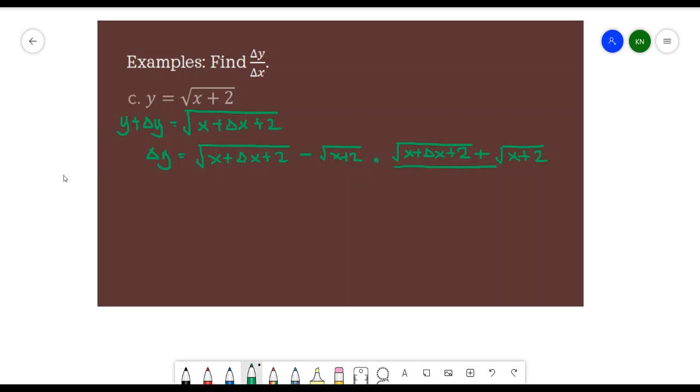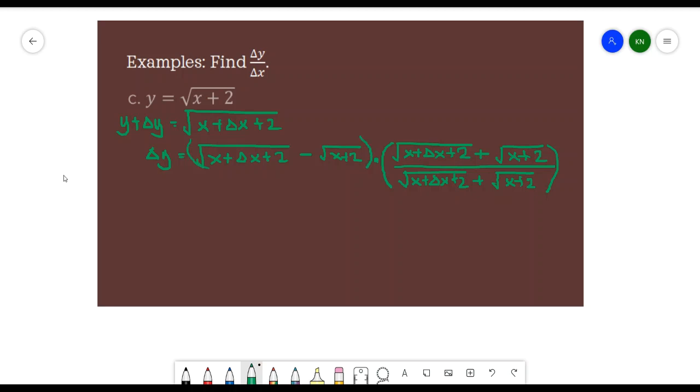And then divide that by the same function, square root of x plus delta x plus 2 plus square root of x plus 2. Since this involves radicals, you can just perform multiplication of its conjugate.